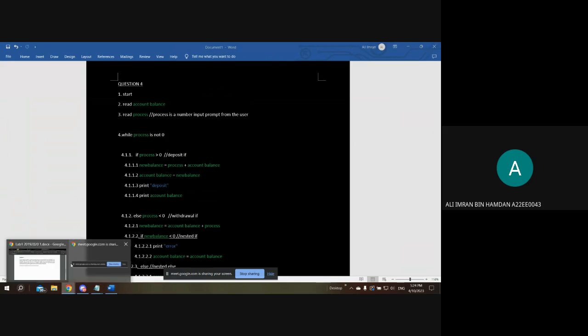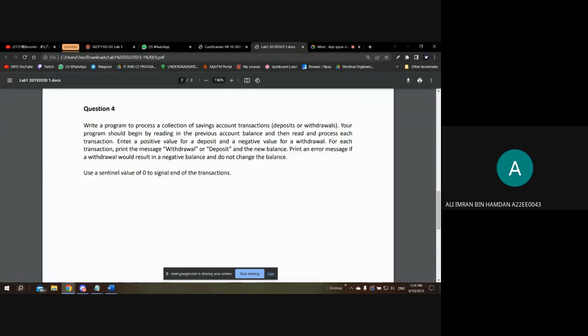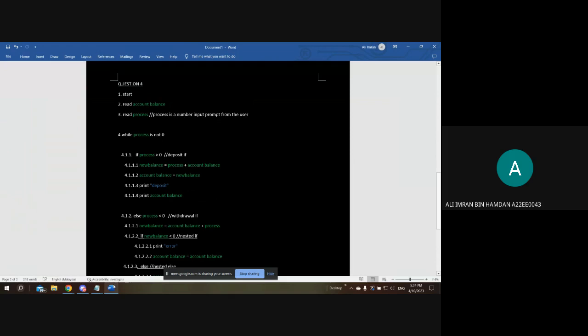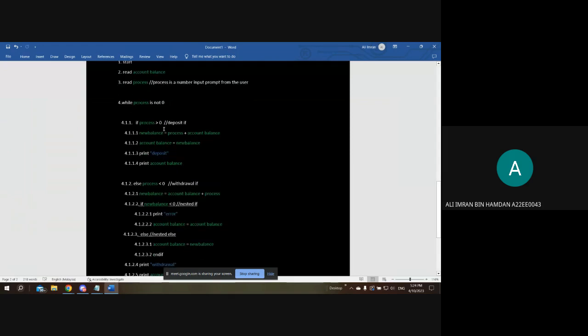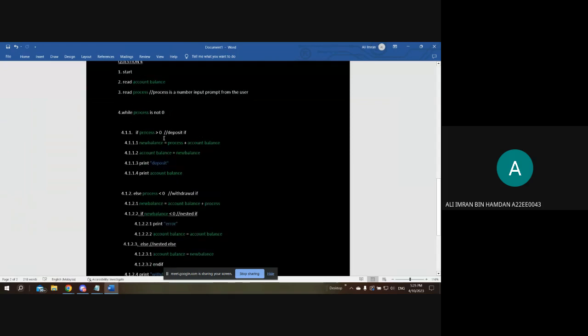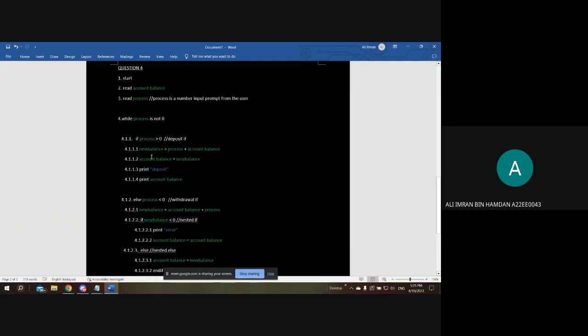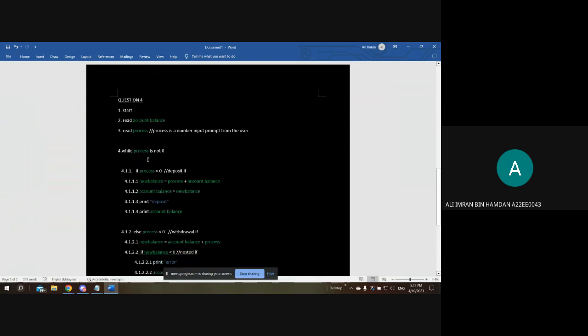Now, let's look at the positive value first, the deposit. To explain this function of deposit, to calculate the new balance, basically just the process, which I just explained is a variable, plus the account balance, which is here.